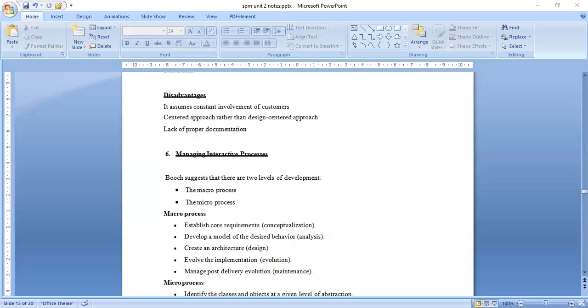Okay, COCOMO 2 can be used for the following major decision situations. So it is used in many decision situations.